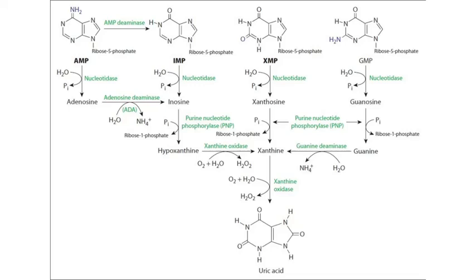Many animals have an enzyme called uricase, or urate oxidase, that breaks down uric acid into allantoin, which is highly soluble and easily excreted by the kidneys. Humans don't have that enzyme, which is why we end up with uric acid as the final product of purine metabolism. Some drugs like rasburicase are actually forms of that enzyme and can be used to break down uric acid in certain medical conditions, especially when rapid reduction of uric acid levels is needed.